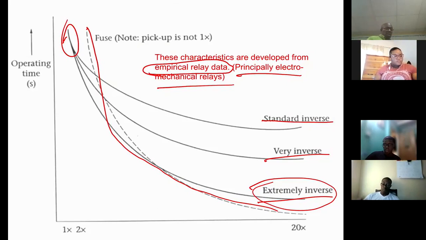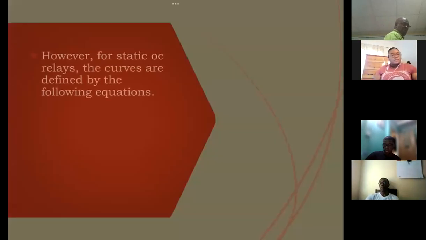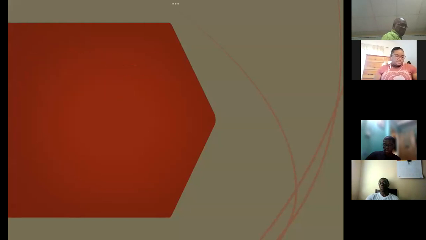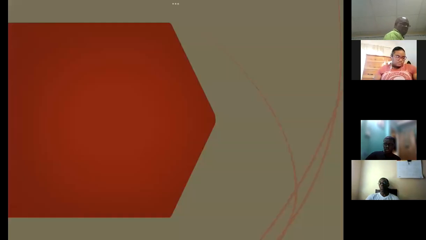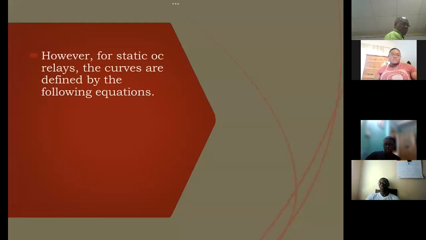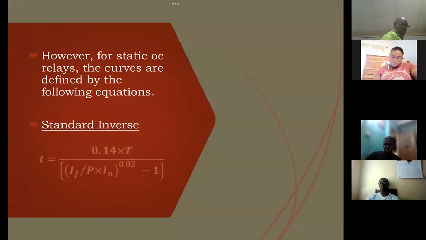However, when we start dealing with static relays, the approach is a little different. Those curves that I just showed you, which you would have gotten with the electromechanical relays, are now derived using equations.